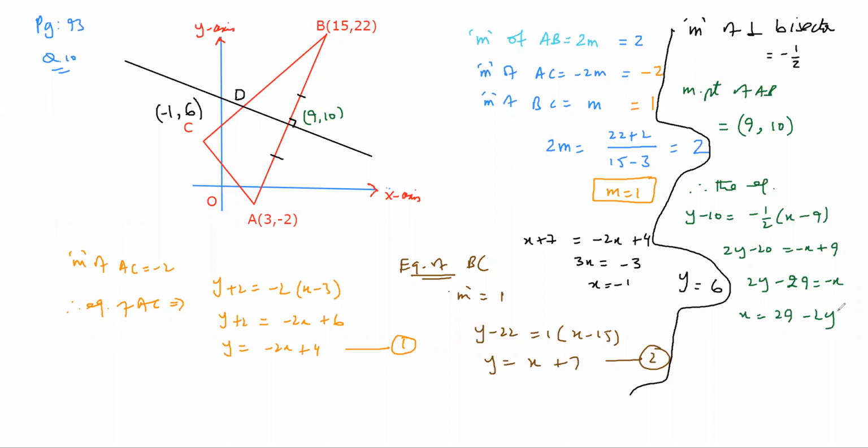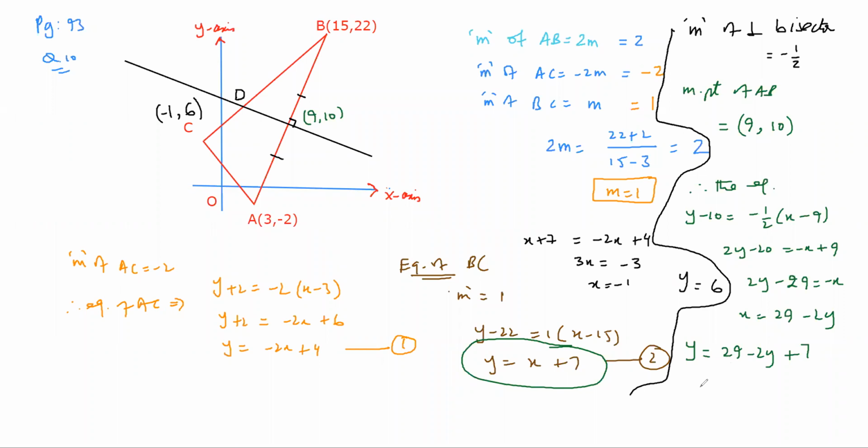Let us substitute this x quickly into the equation of BC that I have here. So this is going to be y is equal to 29 minus 2y plus 7. Is that right, bacho? Or am I making any mistake here?